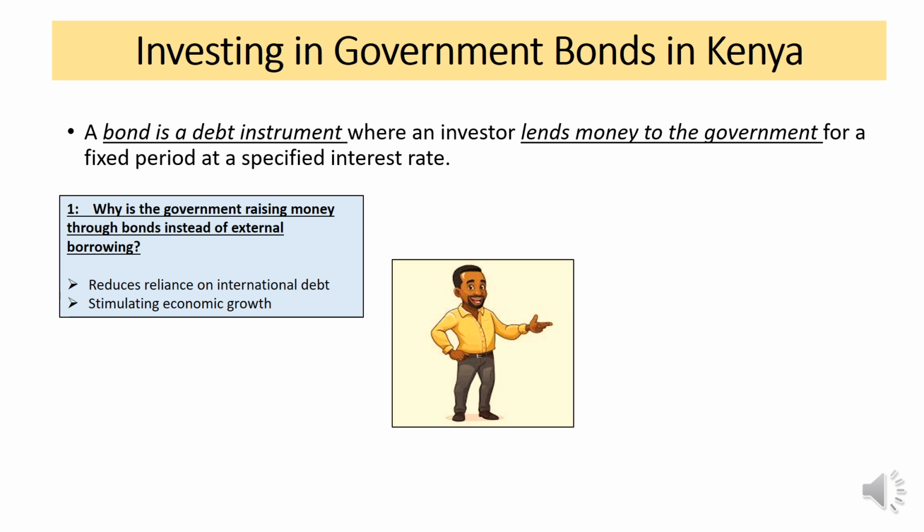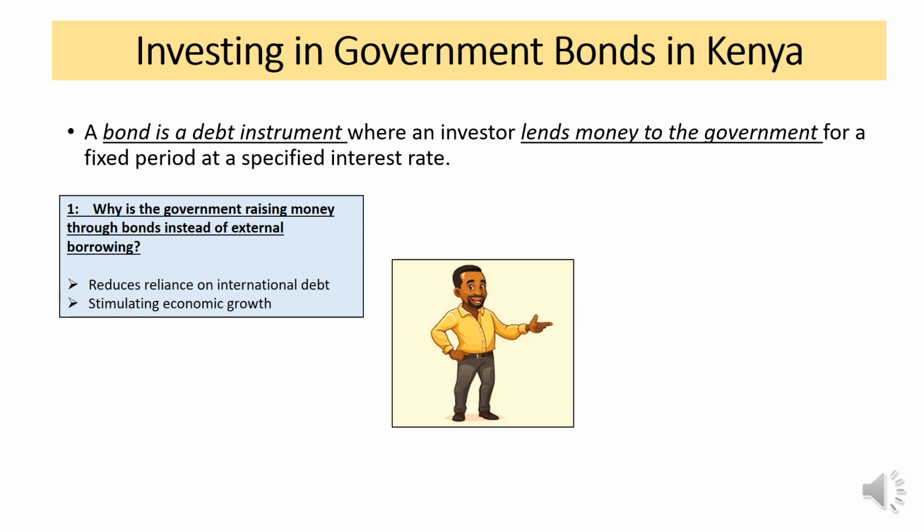They keep the money in their banks. Some also take the money out of the country to offshore accounts. So then what happens? Our domestic economy remains stunted.